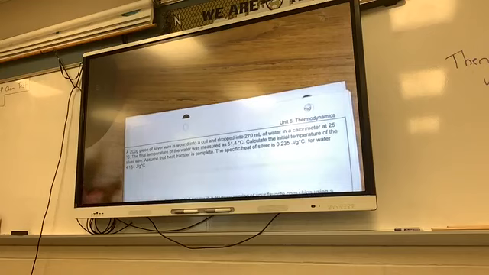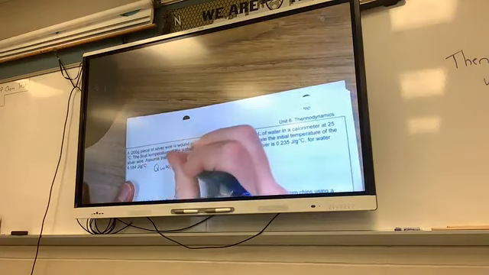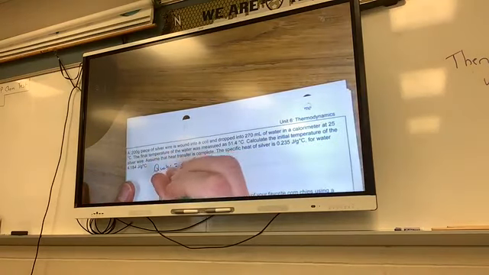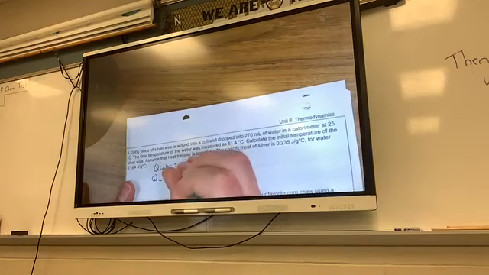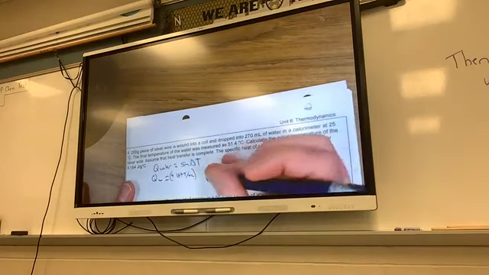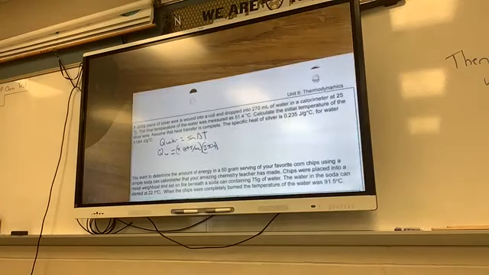First you'd solve for the Q of the water. So I'd solve for Q water, which would equal SMΔT. So Q_W equals 4.184 joules per gram degree Celsius times the mass of water, which was 270 grams, because we know that water's density is 1.